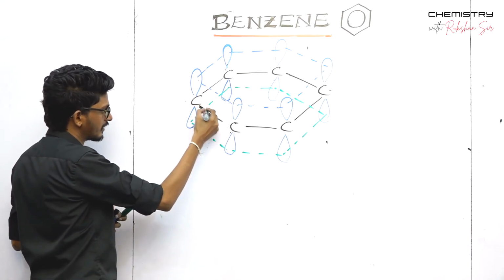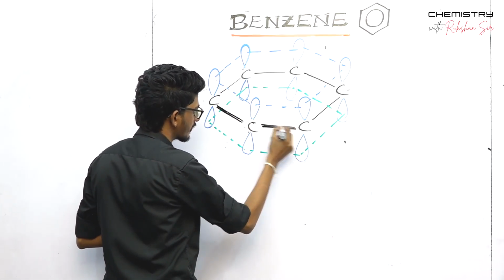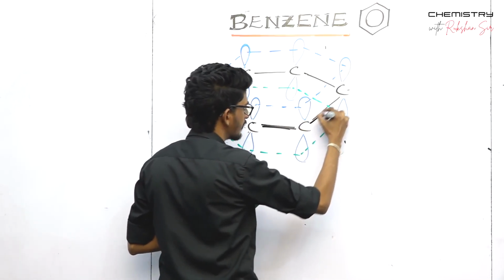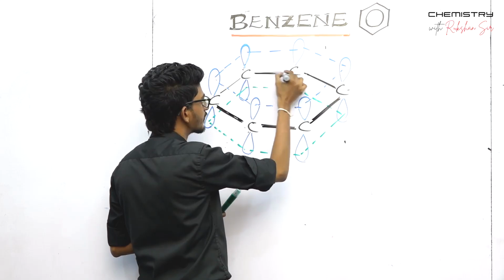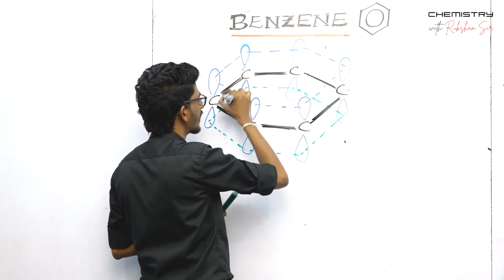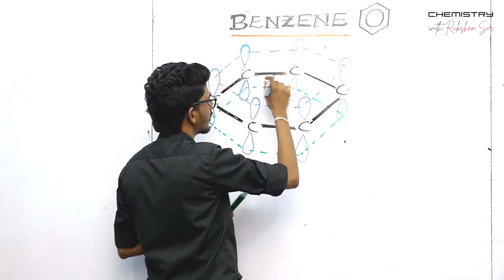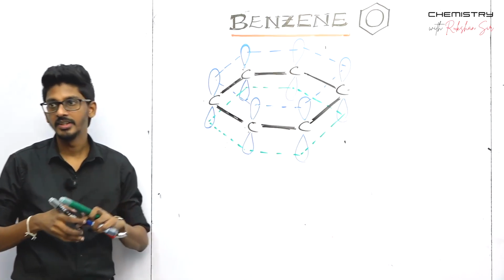So you are with 6 carbons in the same plane. This is the plane of benzene. From the top and the bottom of the plane, the electron densities are connected.